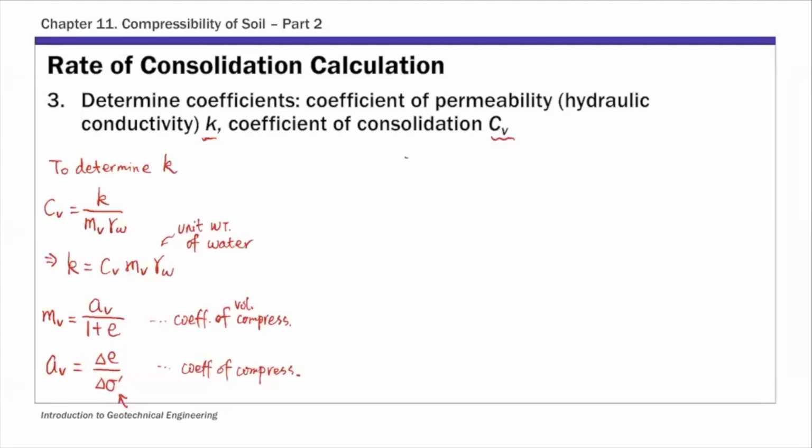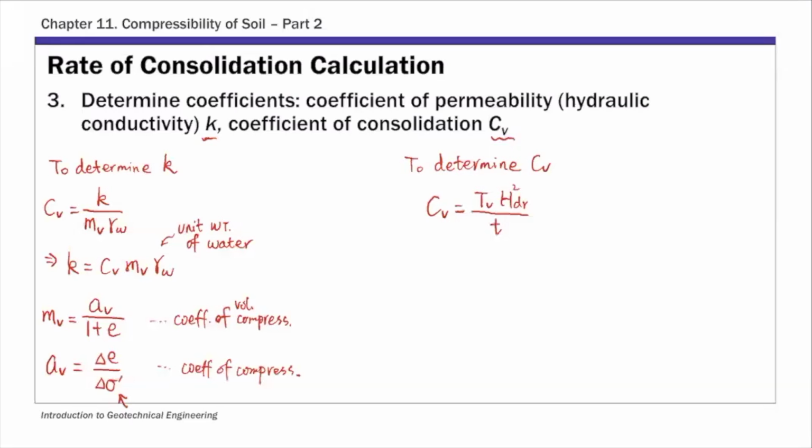And then to determine C_V, the way to determine this coefficient of consolidation, C_V, is actually the concept behind that logarithm of time or square root of time method. So we're going to use C_V equals T_V H_DR squared over small t.